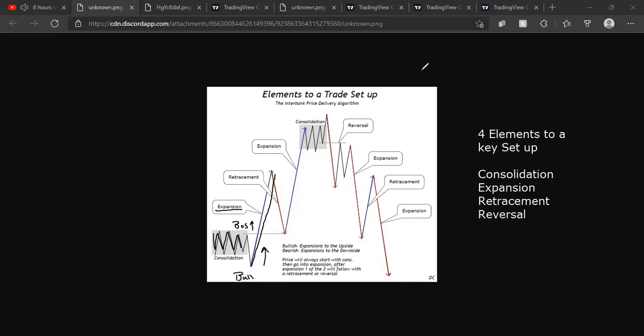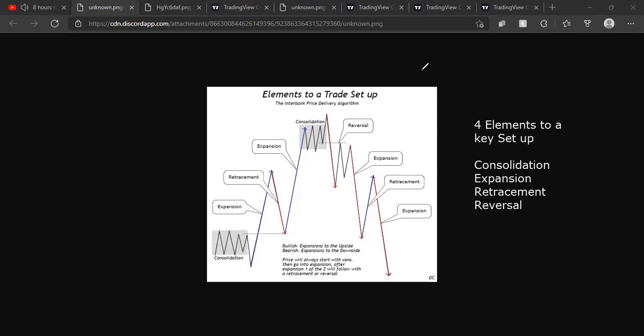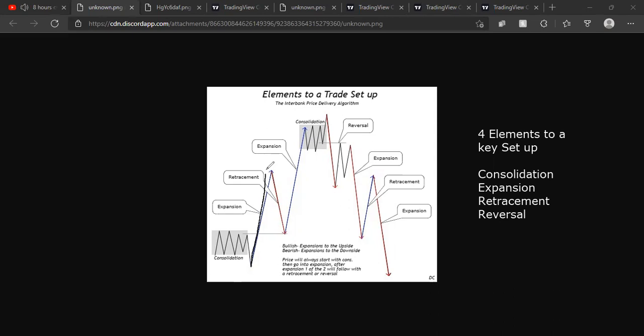So after we see that break of structure to the upside here, we want to wait for the next step, the next element in this trade setup: a retracement back to that point of interest, where that previous structure had gotten broken.